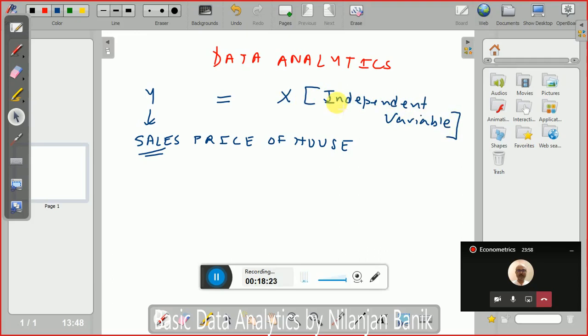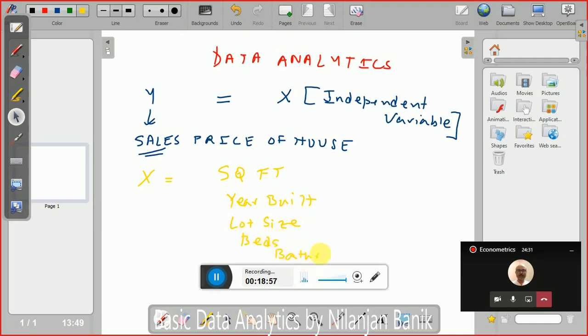The first thing that you will see, if I'm looking into my independent variable, which I'm calling X: I have square feet, I have year built, I have lot size, and I have beds and bathroom.